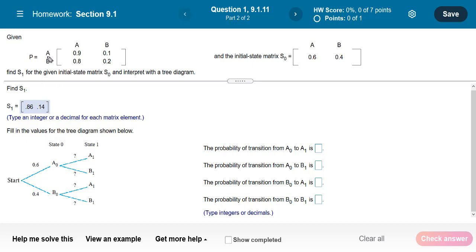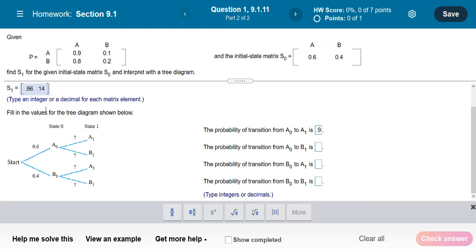In our transition matrix, we are going from A to A, and there's the number that goes with it. So we're going from the initial A to the first A, which is what they're talking about here. And so the 0.9 is what we need to enter.